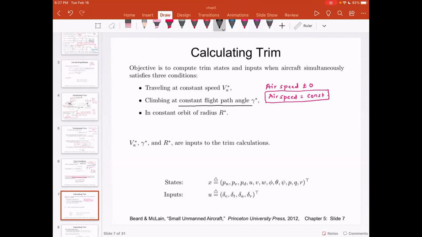If you look at the definition of flight path angle, and we studied this in the last lesson, I just want to explain what the flight path angle means.